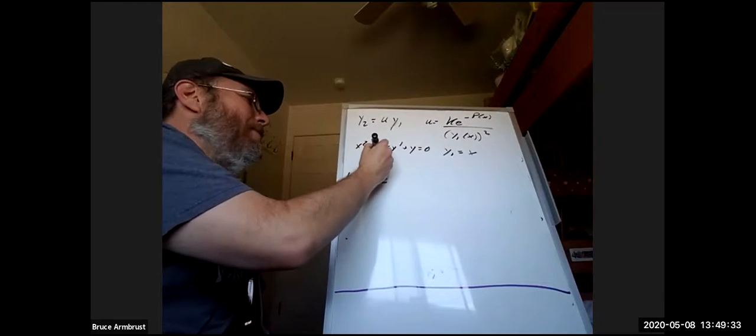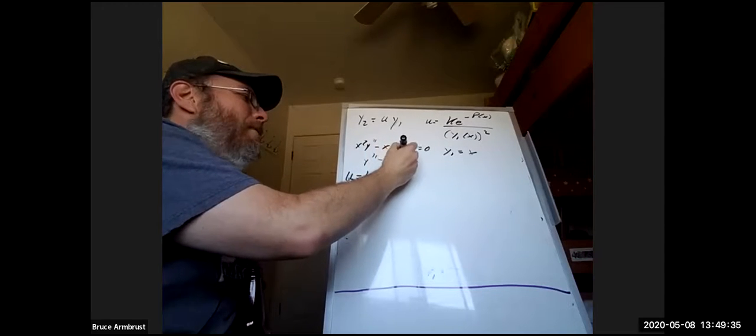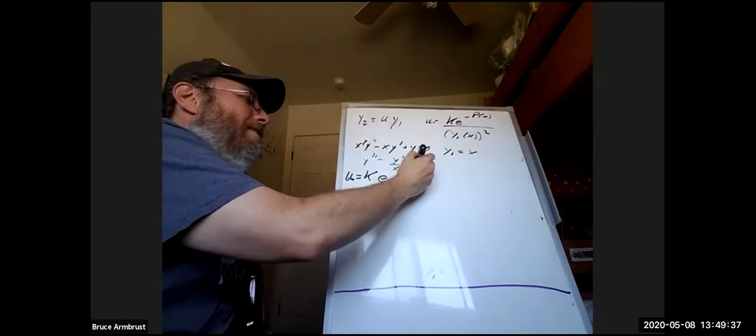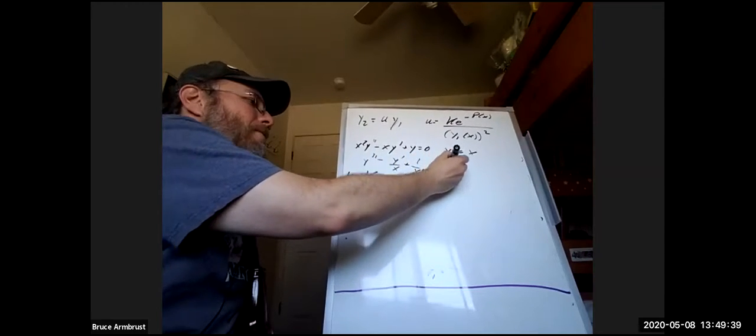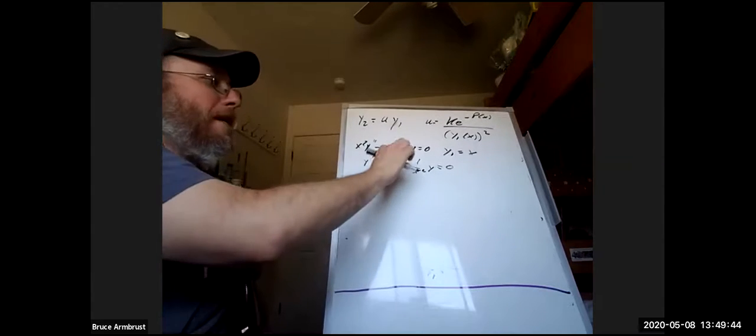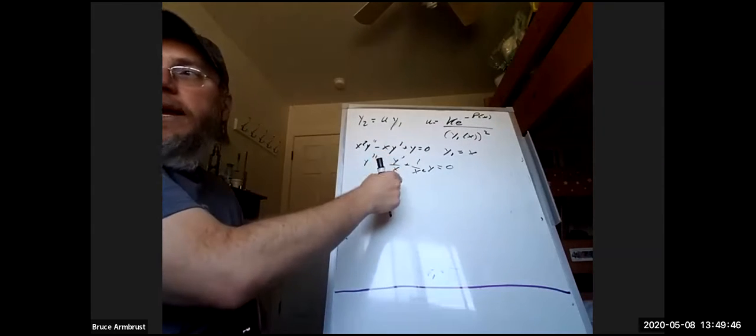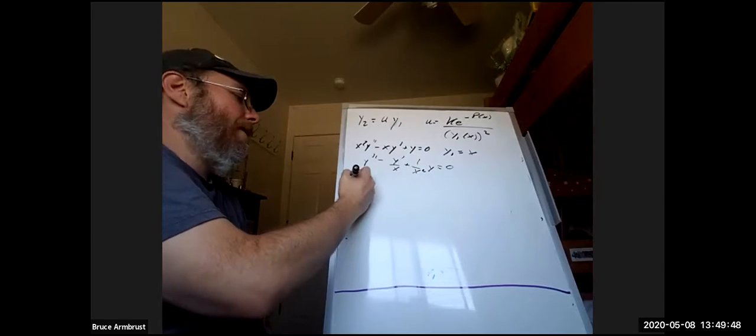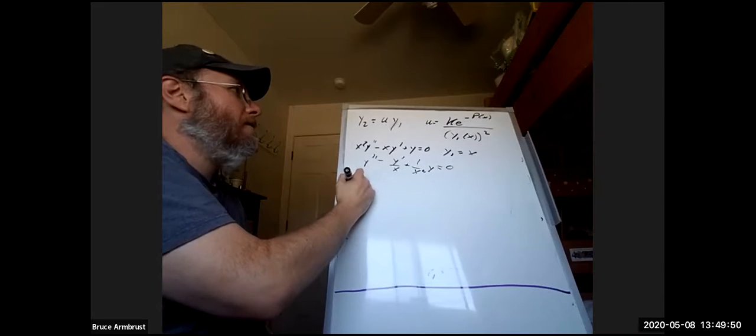Okay, so we got to divide by x squared first. So we get y double prime minus y prime over x plus 1 over x squared y equals 0. Okay, so little p is minus 1 over x. If we integrate that, we get the minus natural log of x.